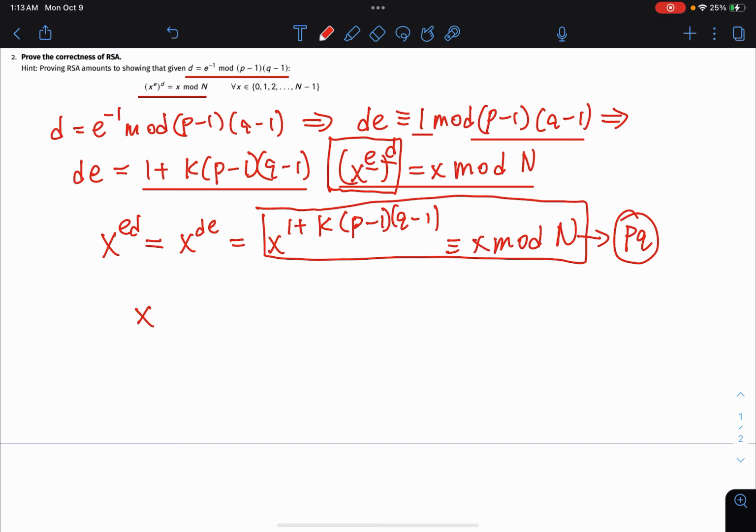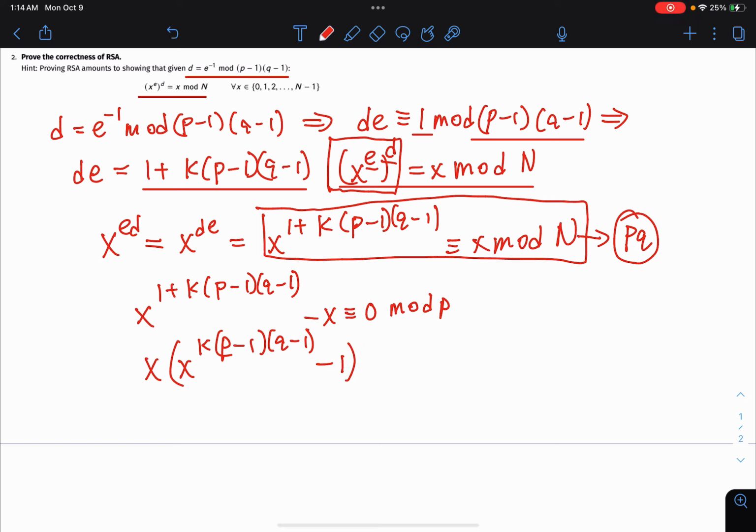So we have X to the power 1 plus K P minus 1 Q minus 1 minus X is congruent to 0 mod P. Now if we pull one of the X's out, we have X times X to the power of K P minus 1 Q minus 1 minus 1 is congruent to 0 mod P.